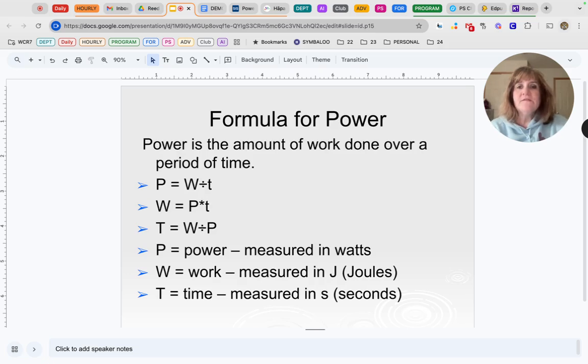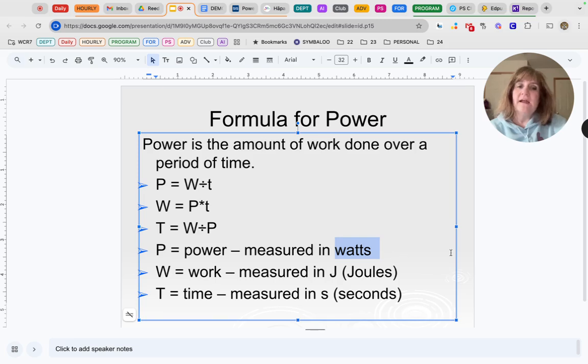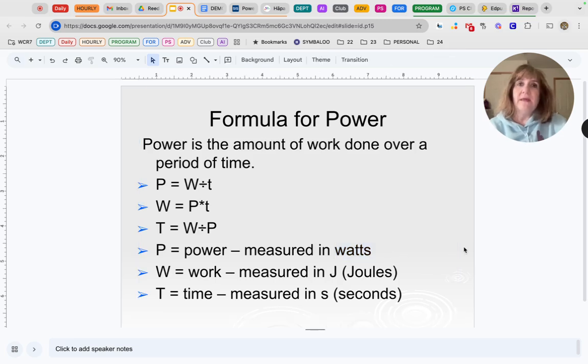So your basic formula for power is work divided by time, and you need the units in the box that says formula and relationships. Power is measured in units called watts, and I would not at all recommend that you abbreviate that to be a W because you already have a W in the problem. Work is measured in joules, and time is measured in seconds.